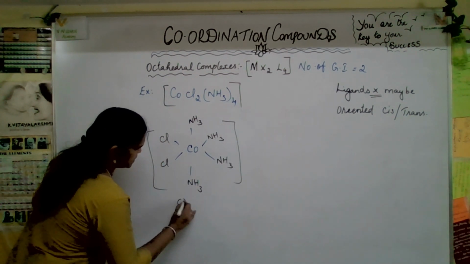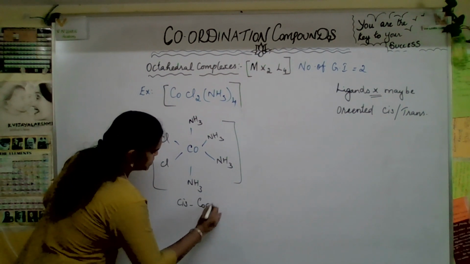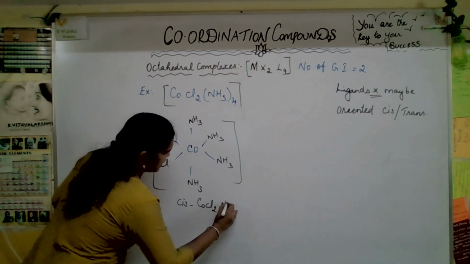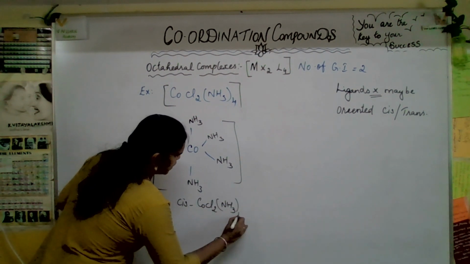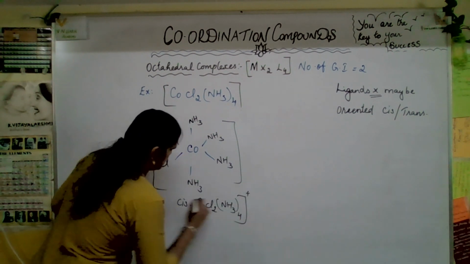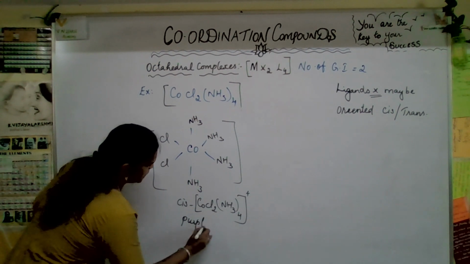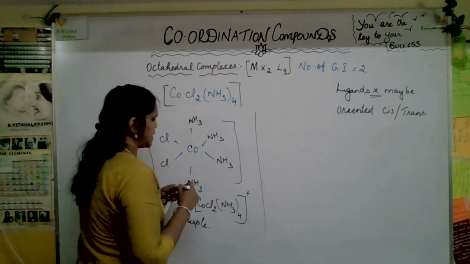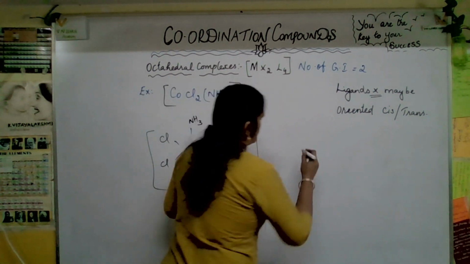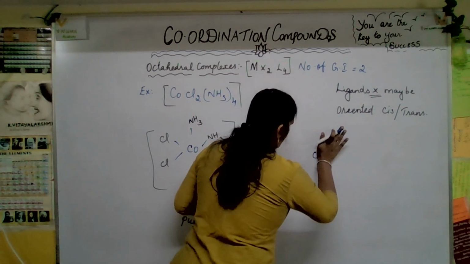So this is cis, that is Co, Cl2, NH3 4 times, here positive charge. So this is purple color. Whereas trans isomer in this Co, the same molecular formula only.